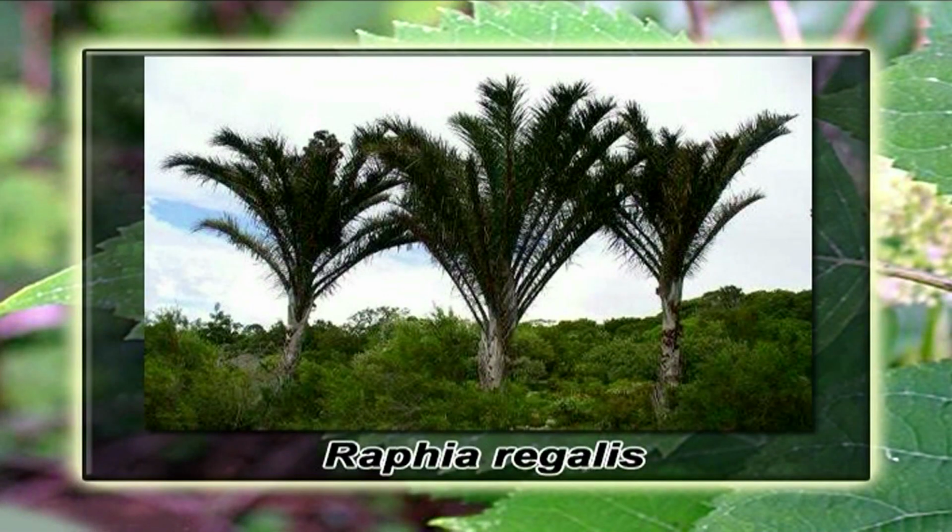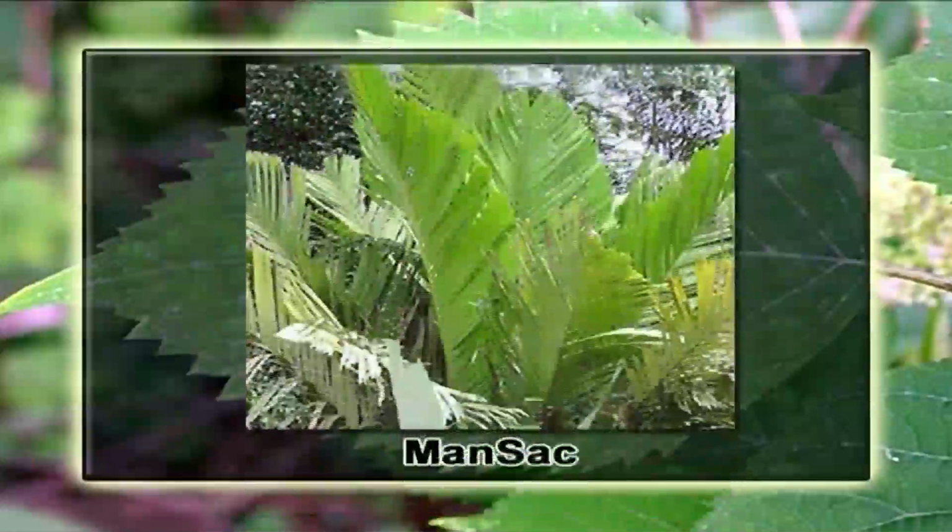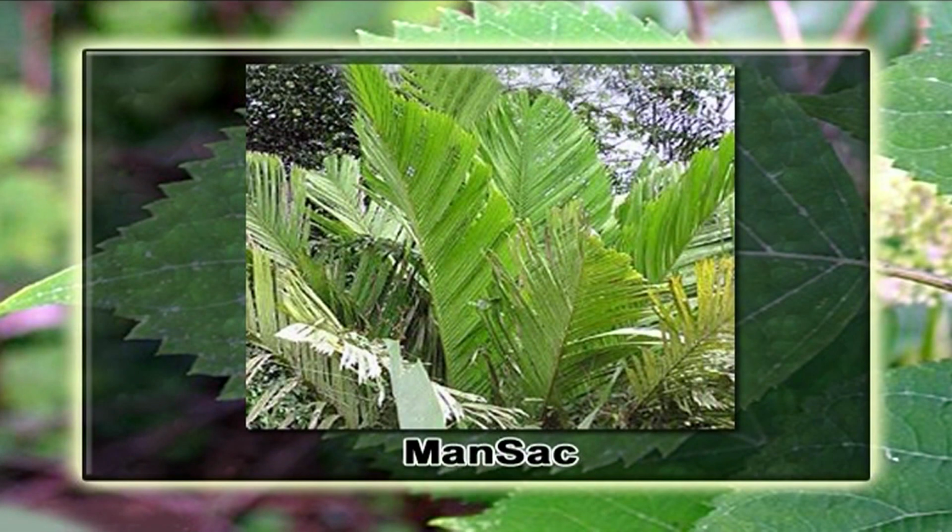The raffia palm, that's Raphia regalis of tropical Africa, has huge pinnate leaves up to 24 meters long. The leaves of the Amazonian palm, that's Manicaria saxifera, are nearly 8 meters long and have been listed by some authors as the longest undivided leaf of any plant.